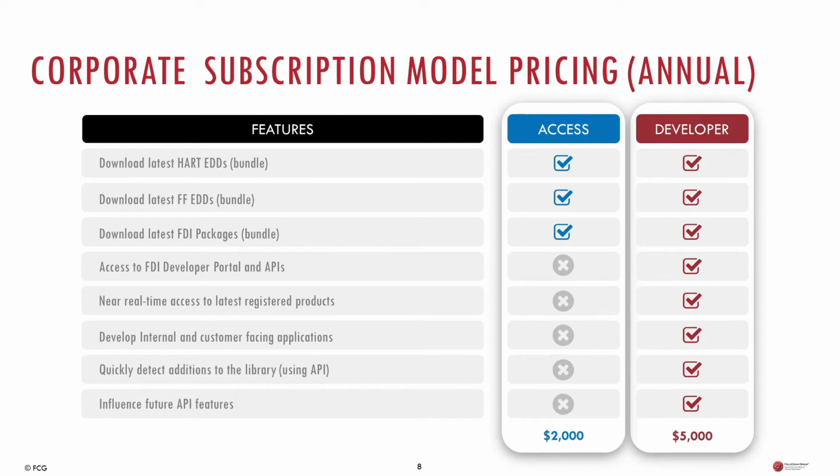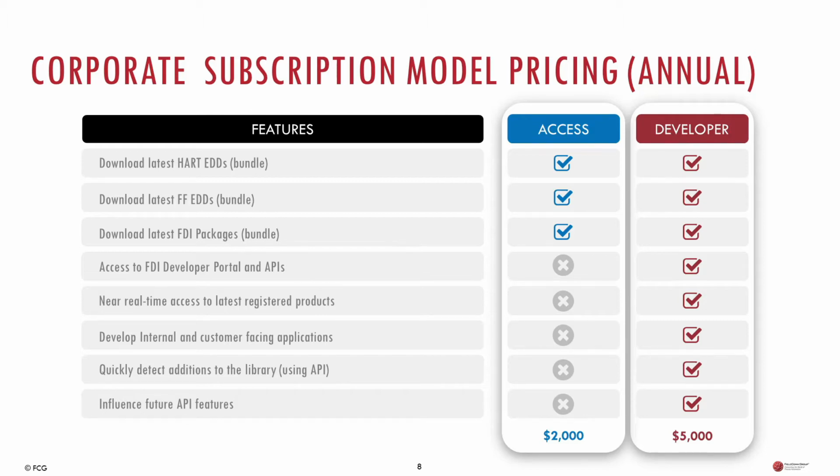Again, covers everything that the access subscription does, but gives you access to that important API that we'll be talking about here in more detail in the coming moments. Gives you access to the API portal where you'll be generating your API keys, access to the most recent device descriptions. The repository essentially updates near real time.